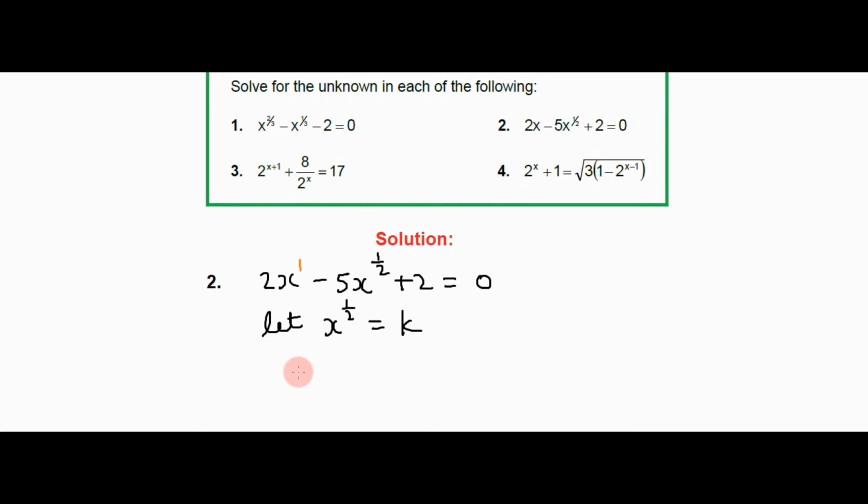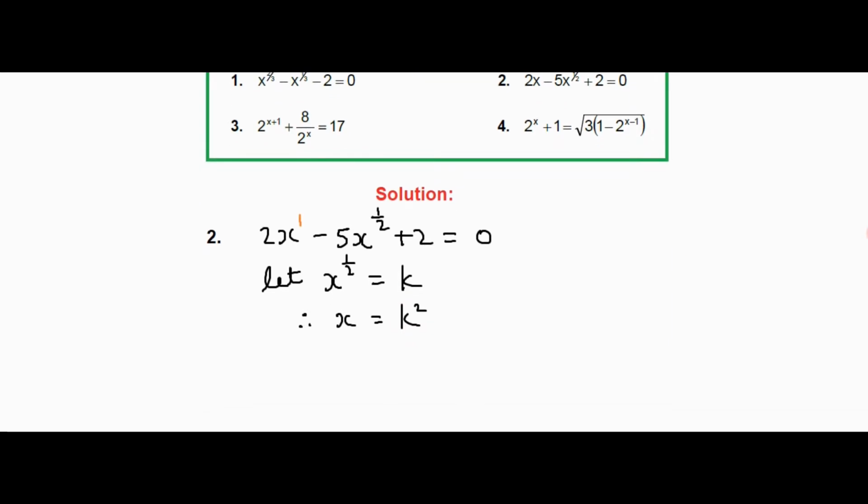And the first x, in other words x to the 1, will equal k squared. Then substituting the k's into the equation, we have 2x, in other words 2k squared, minus 5x to the half, so 5k, plus 2 equals 0.